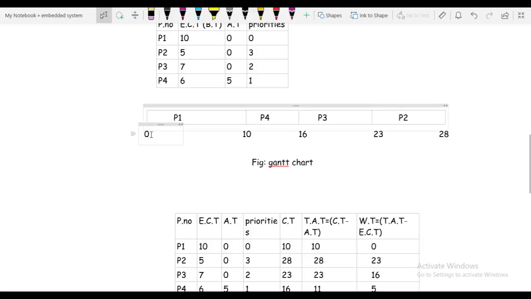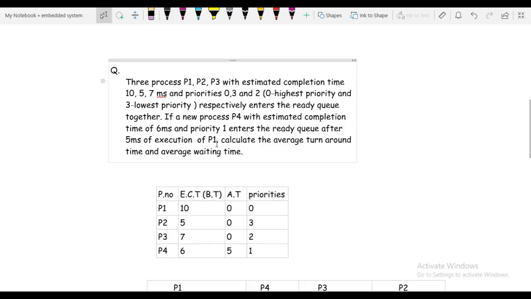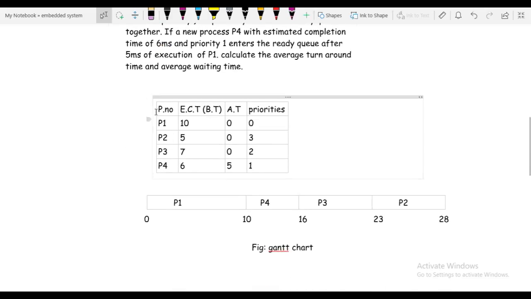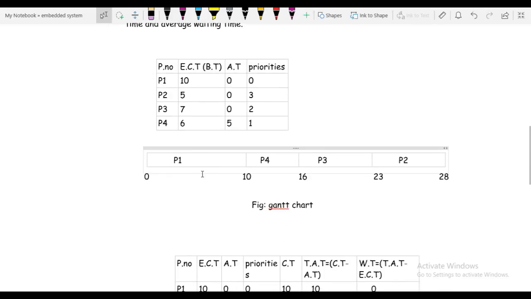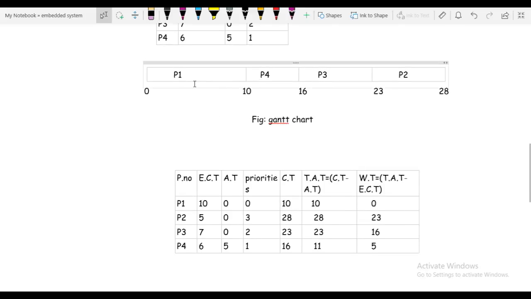We can also see from the Gantt chart that P1 started at 0 and ended at 10, but the question says that P4 arrives at 5 milliseconds. So after 5 milliseconds P4 was to execute, but because this is non-preemptive, P1 completed its execution, and P4 has to wait 5 milliseconds.